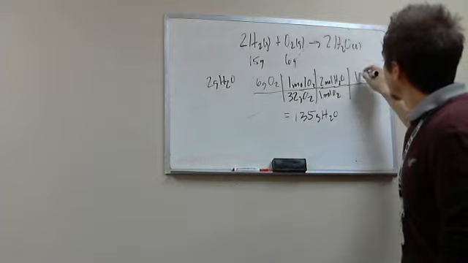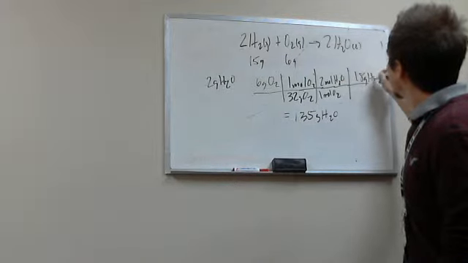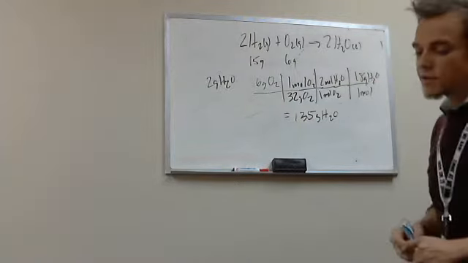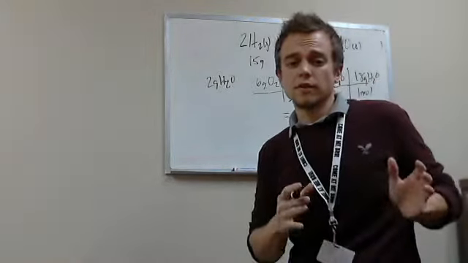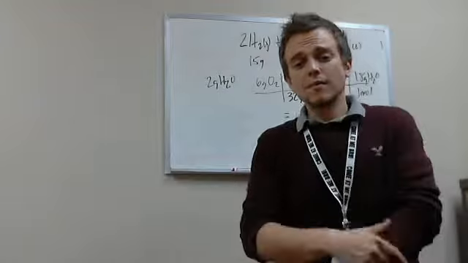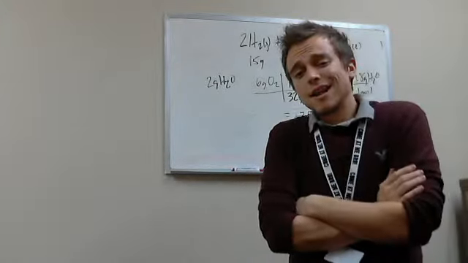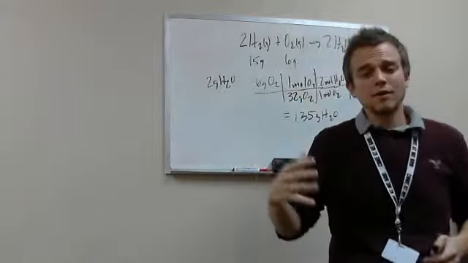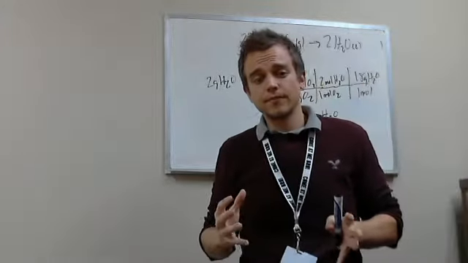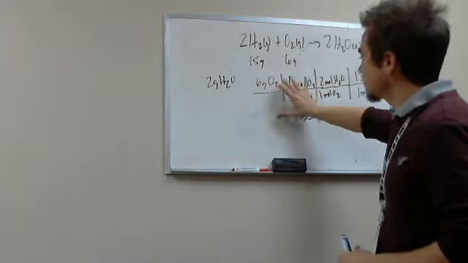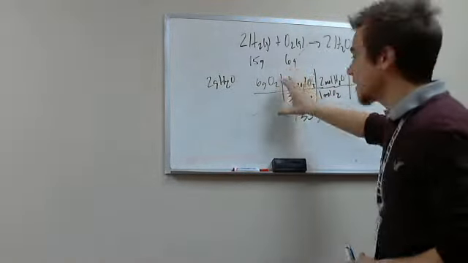And finally, we convert moles of water to mass of water. Now, it's not really necessary to convert all the way to mass, but I tell my class to do it because it makes the theoretical yield very easy, and in my test, I usually put the theoretical yield and limiting reagent together.